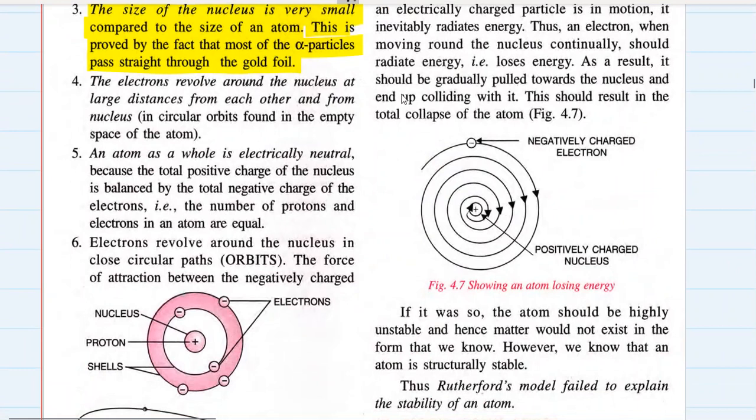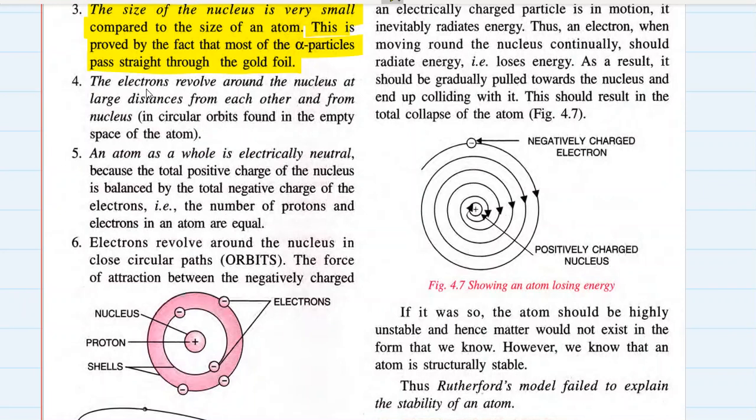He also suggested a few things about electrons, although he did not know how this happens. So Rutherford also made the mistake of suggesting a few facts without experimental proof.